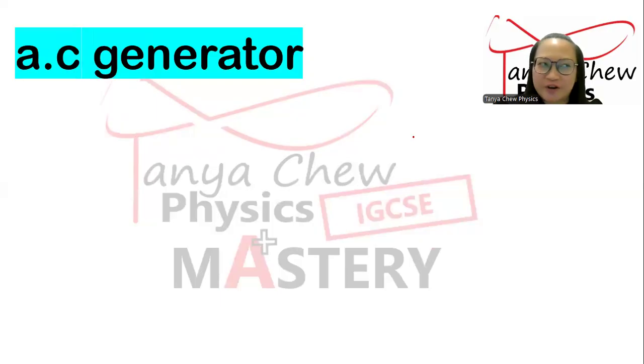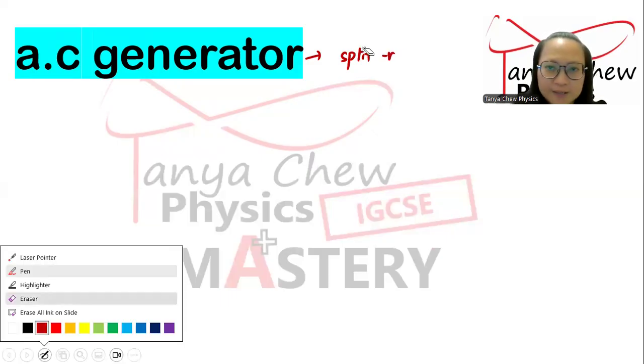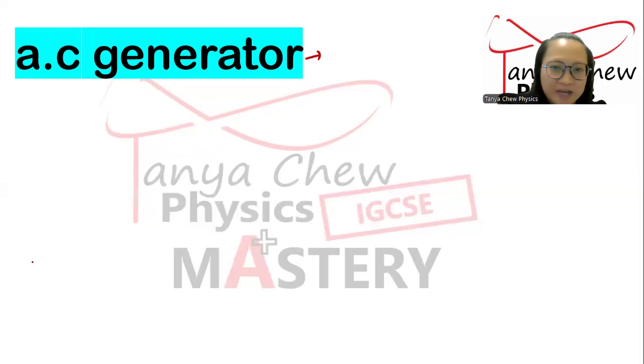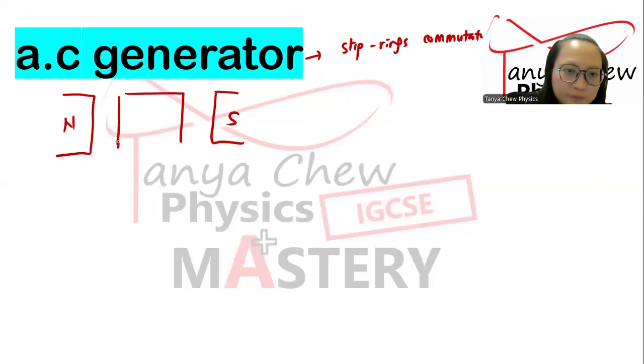AC generator. So the AC generator uses slip rings, not split ring, sorry. Slip rings, commutator. Let me draw it. Okay, it's like this, north, south. And then I have a coil in between. I might not be good at drawing, I hope you don't mind.